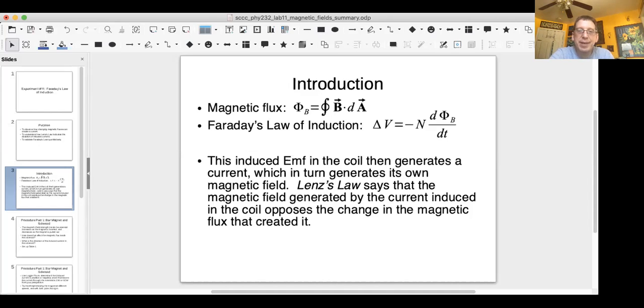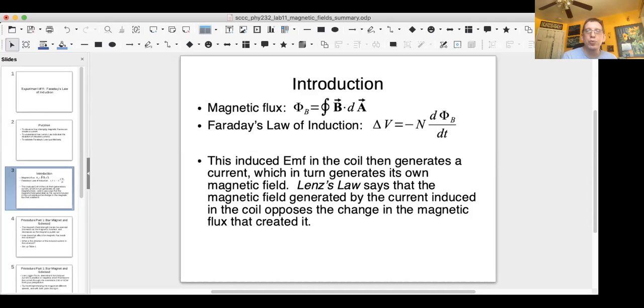So the induced EMF generates a current, which in turn generates its own magnetic field. And so Lenz's law says that the magnetic field generated by the induced current opposes the change in the magnetic flux that created it.